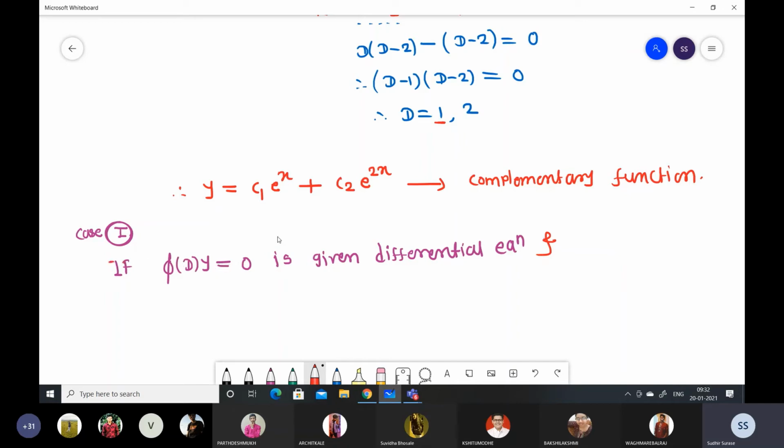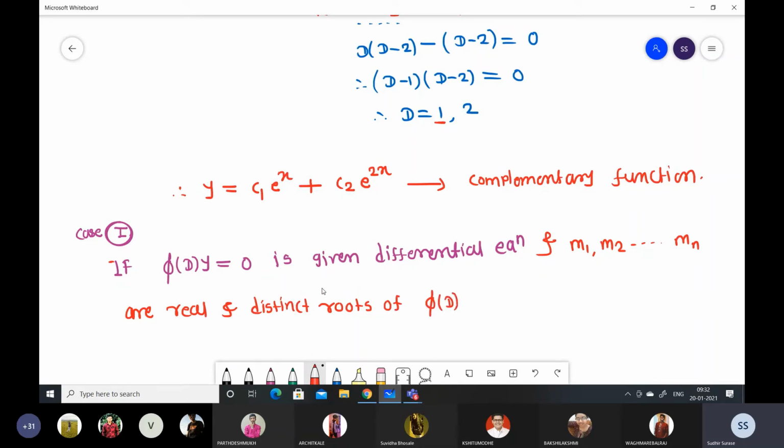And let's say m1, m2, up to m suffix n are real and distinct roots of phi of D, meaning the auxiliary equation, right?